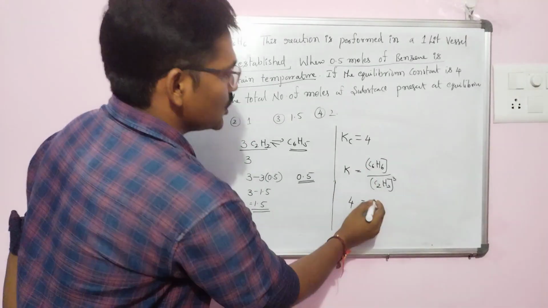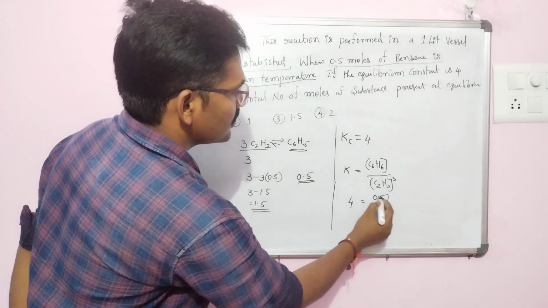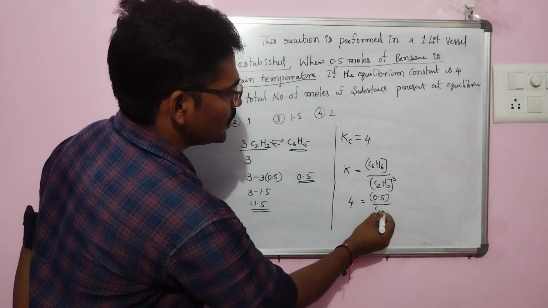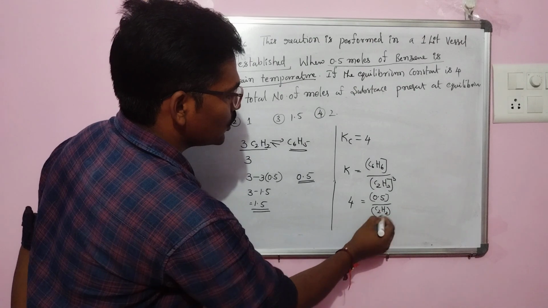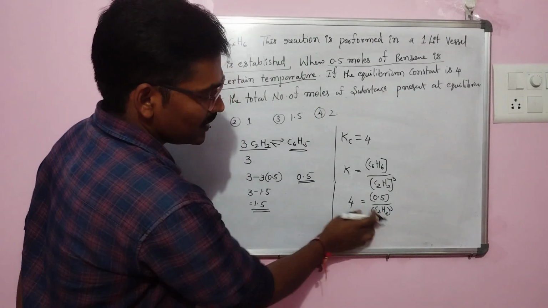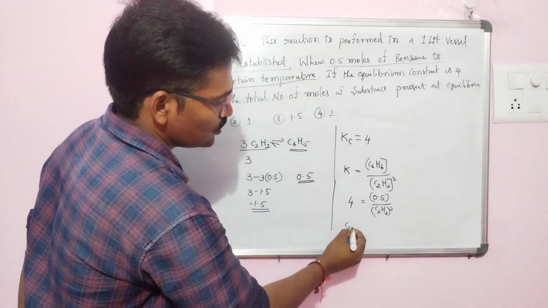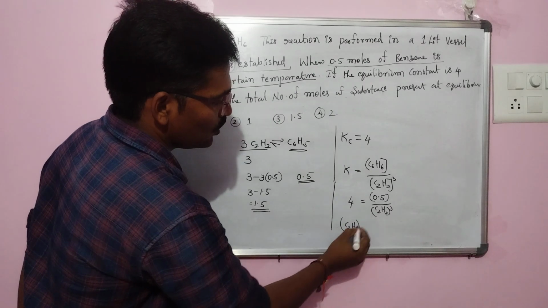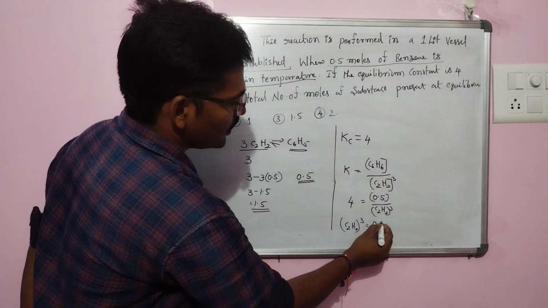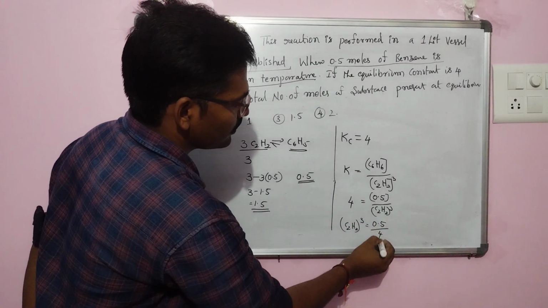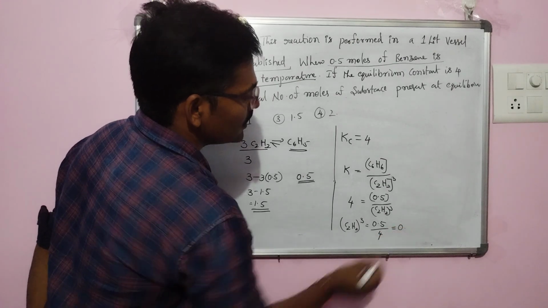So 0.5 divided by C2H2 cubed equals 4. Sending 4 to that side, C2H2 whole cube equals 0.5 divided by 4, and then you get 0.125.